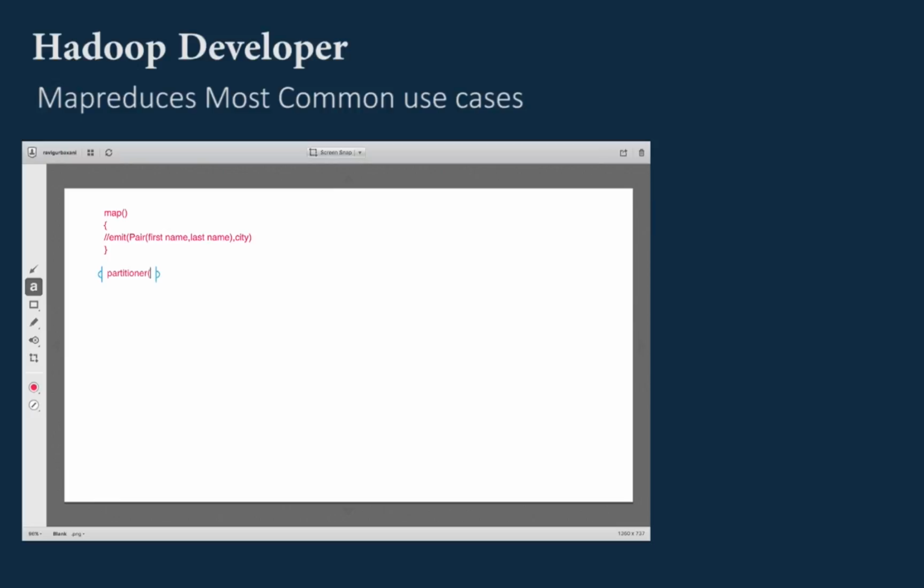In the partitioner we will partition based on the primary key only.